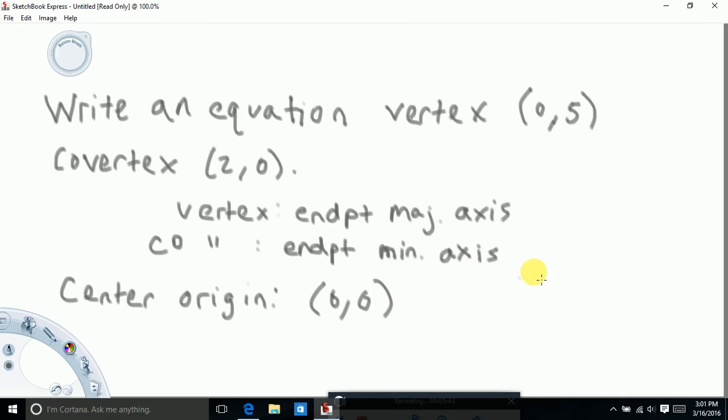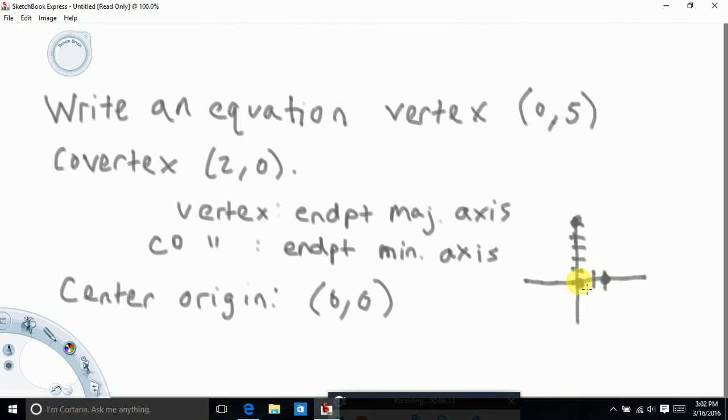So if we were to just draw a graph of this, a rough sketch, okay, we have the center right here, a co-vertex at 2, 0. So that means I go over 2 and up 0. So we got a point right there. And then we have a vertex at 0, 5. 1, 2, 3, 4, 5. So we have a point right here.